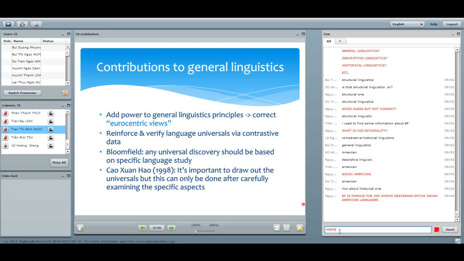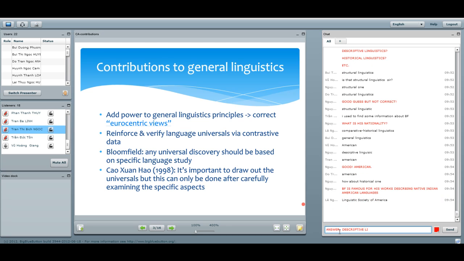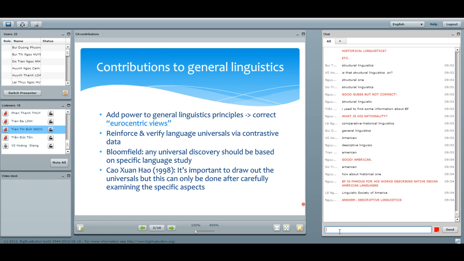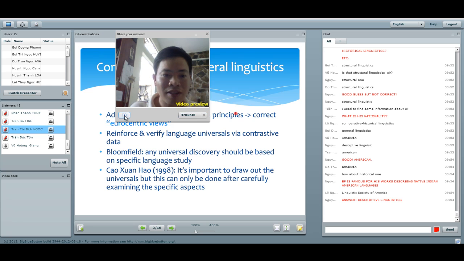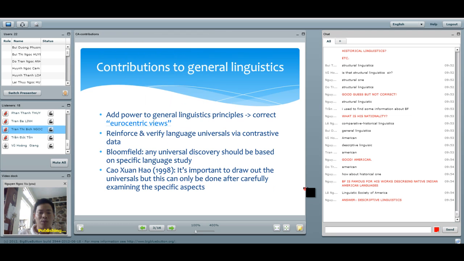So the answer that I expect should be descriptive linguistics. Okay, and Professor Cao Xuân Hao also says that it's important to draw out the universals of languages, but this can be done only after we have studied carefully all the specific aspects of individual languages.